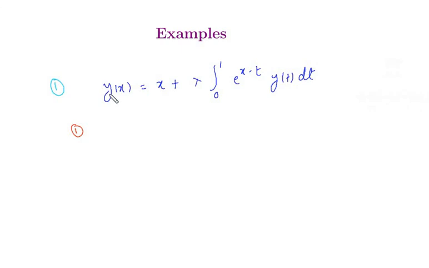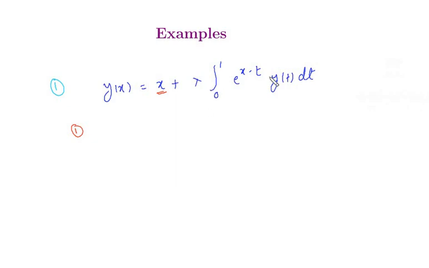When you compare this with your general form, v(x) equals 1, so this is of the second kind. Next, x is there, so f(x) is not equal to 0, so this is non-homogeneous. Next, the limits are 0 and 1, both constants, so this is a Fredholm integral equation.